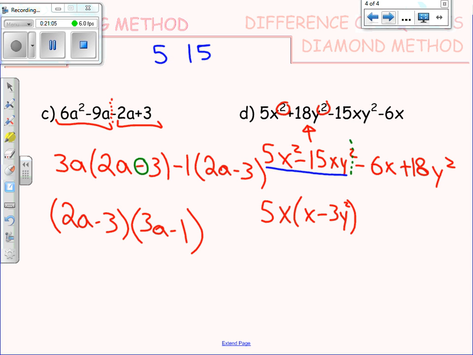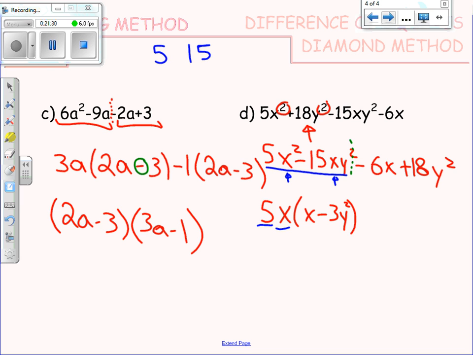And then I looked at the variables. I had x squared and I had x, and I took the lowest one. So x has an exponent of 1, x squared has an exponent of 2. I took the lower one, x, right there. And then I couldn't take any y's out because there were no y's in the first one.